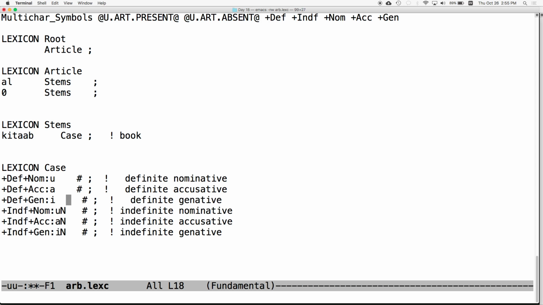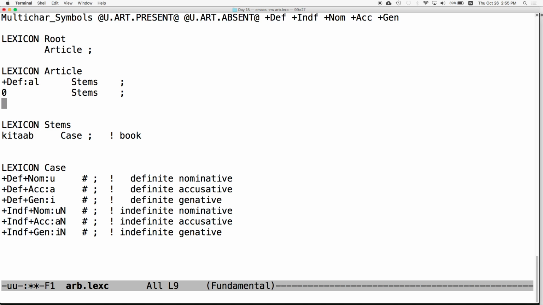There we go. Okay, and over here we can do the same thing. We can say plus def on al. A, L.